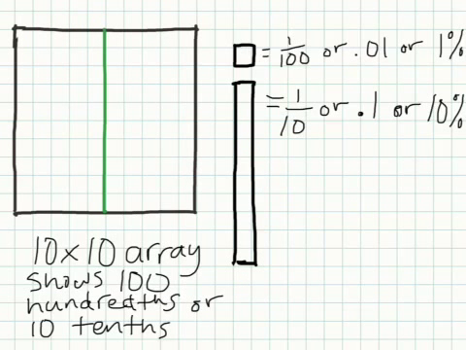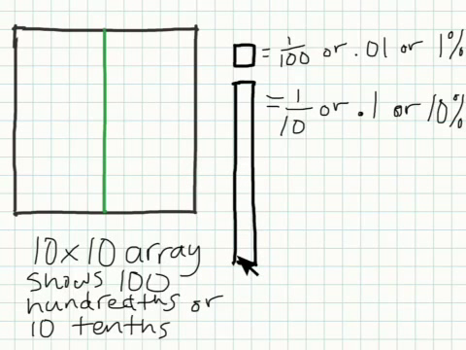Let's take a look at this 10 by 10 array with the green line down the middle of it. This array is going to be a model for our decimals and fractions. It shows 100 hundredths. All those square boxes are hundredths, and there are 100 of them. And it also shows 10 tenths.